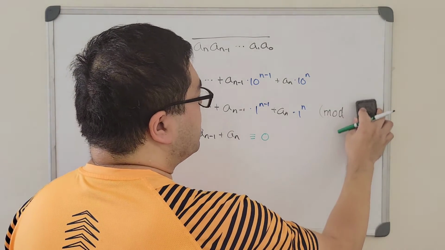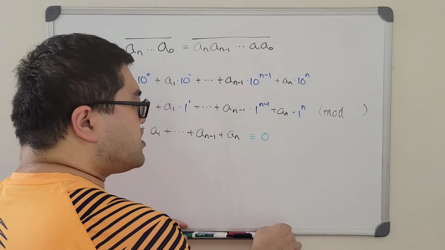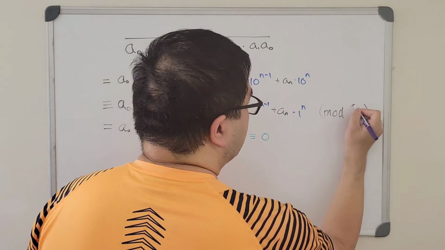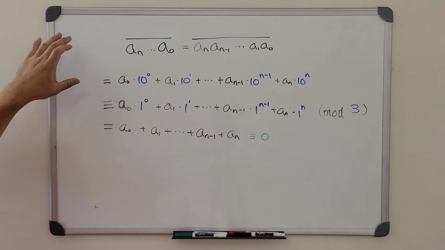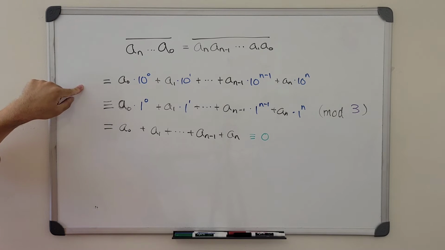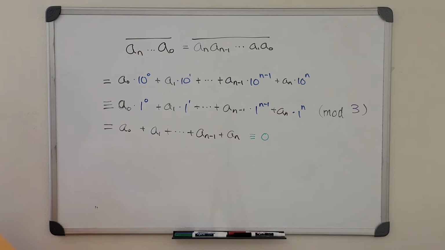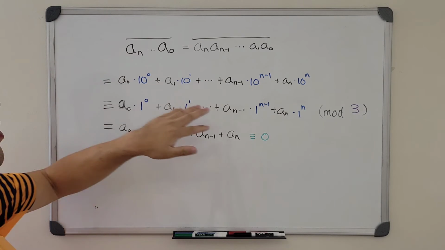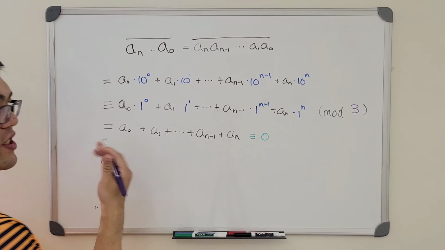So we can do a similar argument for 3. The only thing we need to change is that instead of dividing by 9 or doing modulus 9, we're going to do modulus 3 and see if there's anything we need to change, or if everything is still the same. The first step is still the same because this is how we define the expression of a positive integer or any integer. Then if we are going to divide by 3, we now need to check what the base becomes.